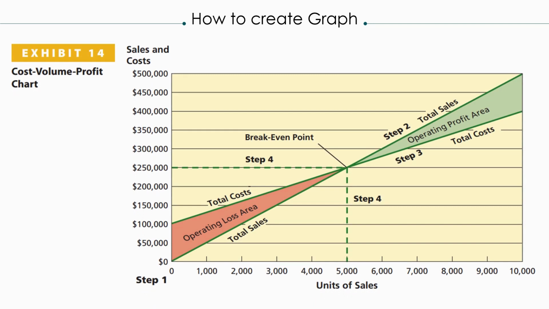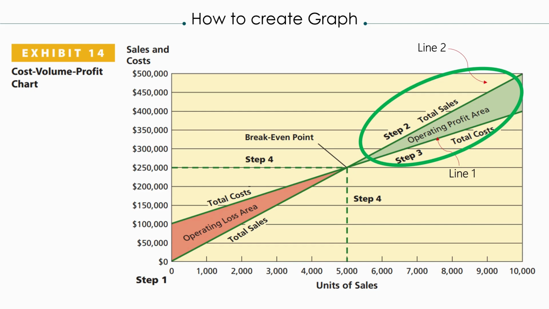In this graph, you will see the total cost. We call it line 1, and then the total sales or revenue, we call it line 2. So the green shaded area is our operating profit.